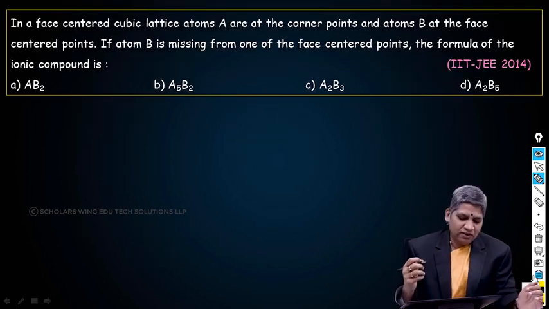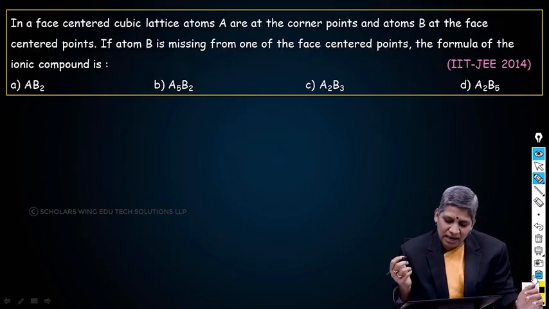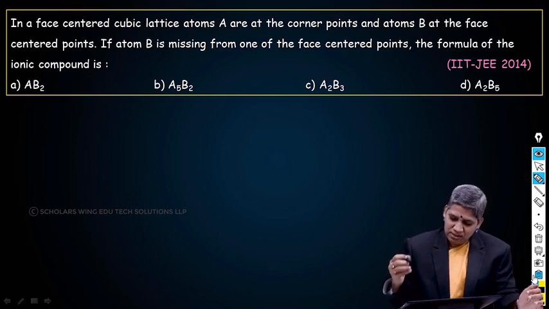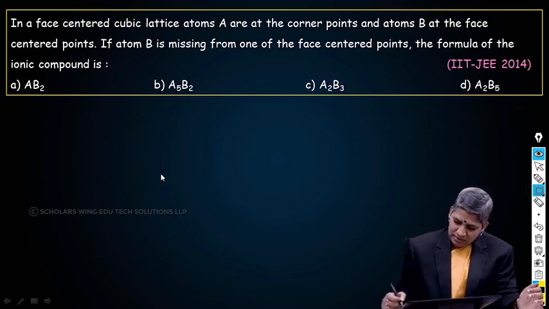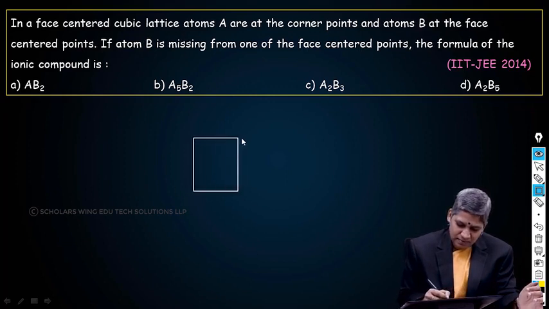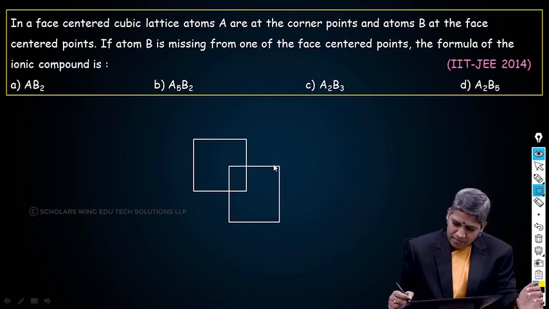Okay, my dear? In a face-centered cubic lattice, atoms A are at the corner points and B at the face-centered points. So, shall we draw quickly once again? It will be easy, right? Okay. So, we have a face-centered cubic lattice, right?